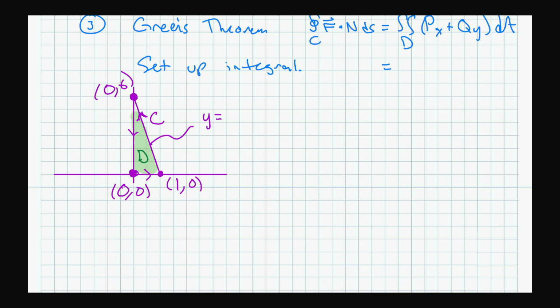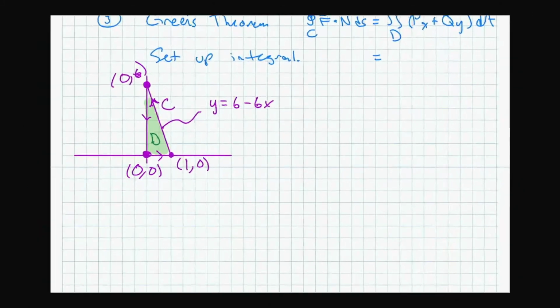That would be y equals, the y-intercept is 6, and the slope is down 6 over 1, so a slope of negative 6. So 6 minus 6x. That way when you put in a 1, you get 0. Okay, so you're going to need to know that.